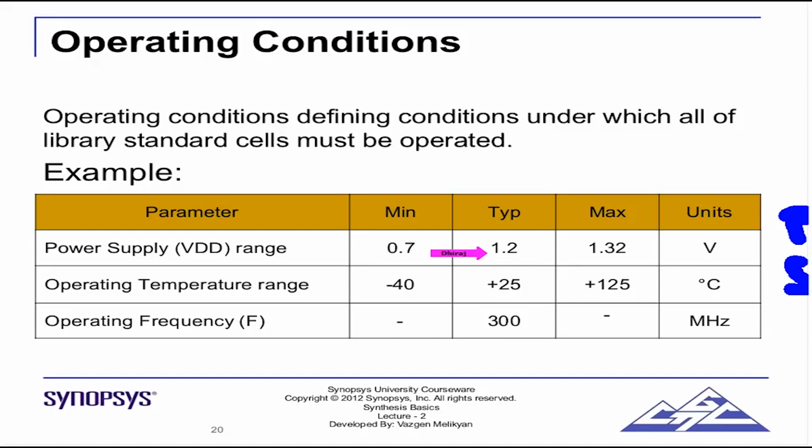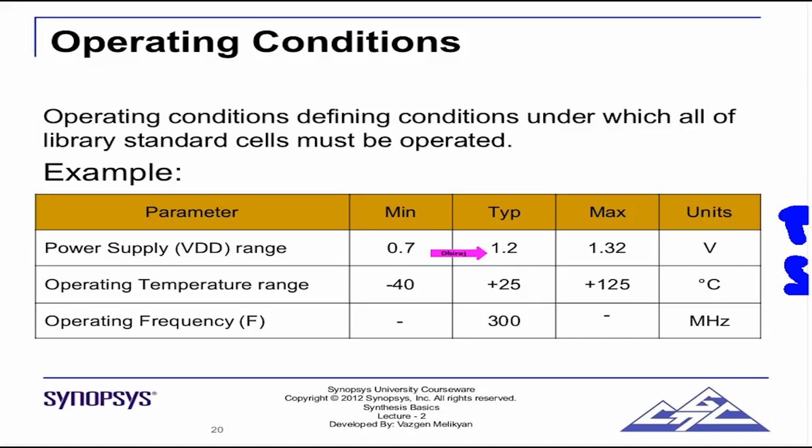So we choose a lower voltage, a slow process, a higher temperature, and now we get one standard cell library on that. For this particular application, we have one standard cell library which is 1.08 volts at 125 degree temperature and at slow process.